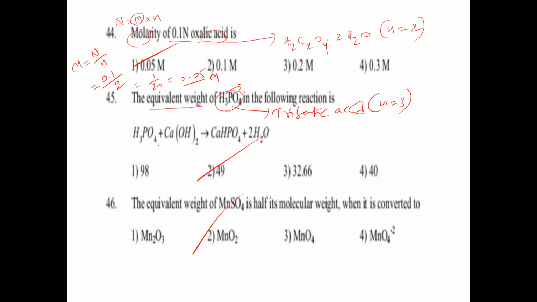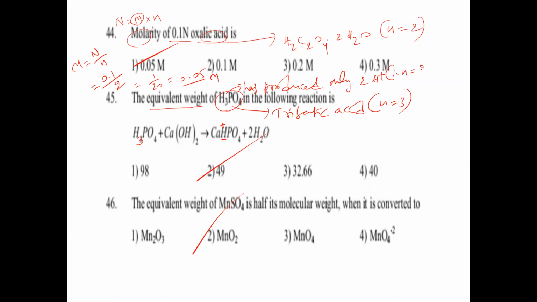But in the reaction, how many H plus ions are produced you have to check. So here H3 means 3 H plus it can produce, but here still 1 H plus ion is there. As 1 H plus ion is still there, it has produced how many here? 2 only. So the H3PO4 has produced only 2 H plus ions.